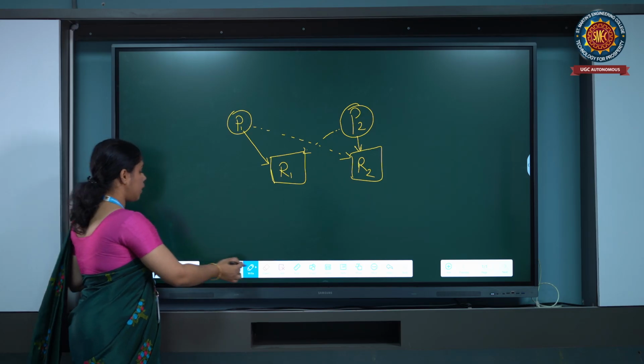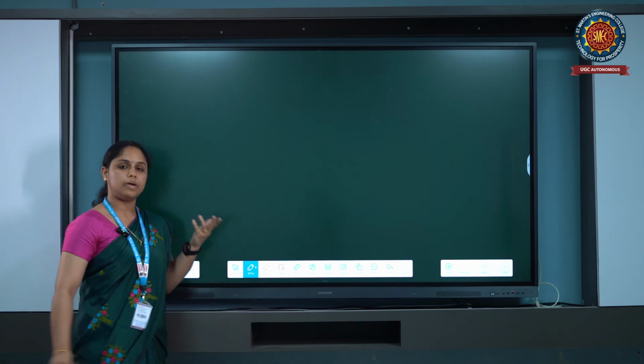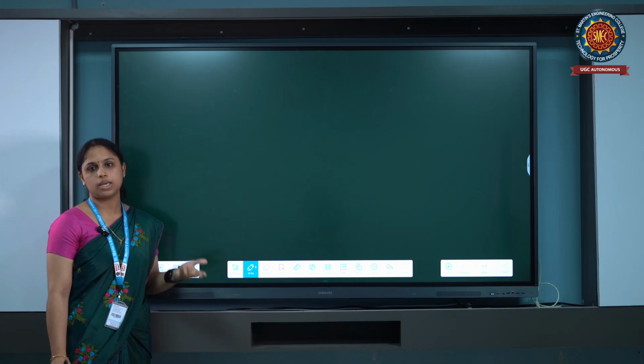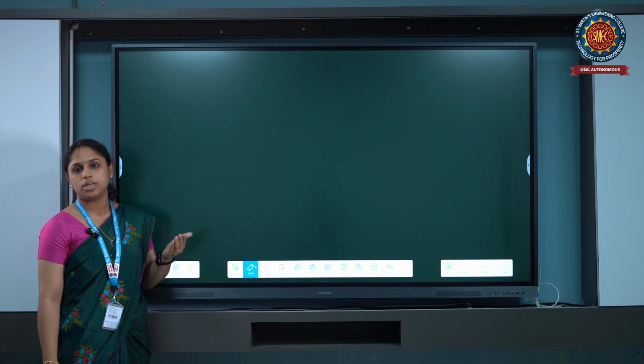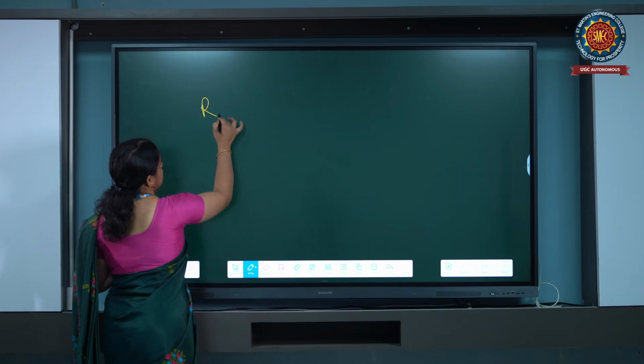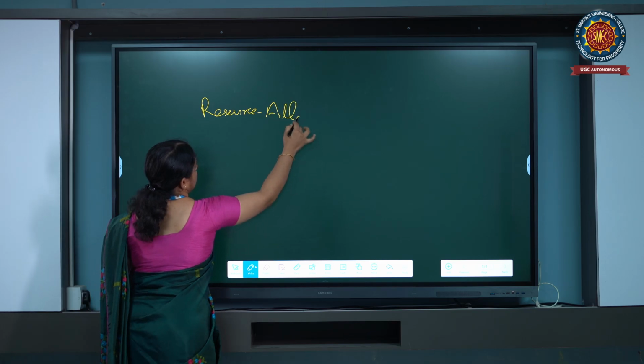So how are we going to define deadlock in processes or computers? We can use a resource allocation graph. What is a resource allocation graph?